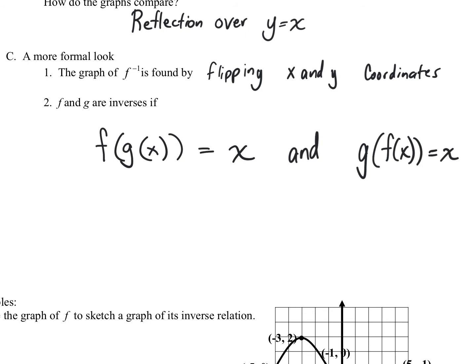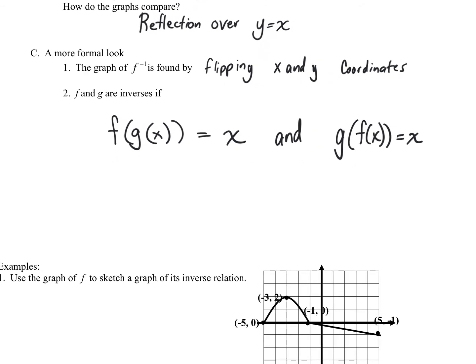So if I want to check if functions are inverses, I need to perform both of these tests. I need to compose these functions. I need to take f of x and compose it into g of x and g of x into f of x. What I want to see is that those two functions undo one another, and we get back to our starting point, which will be x.